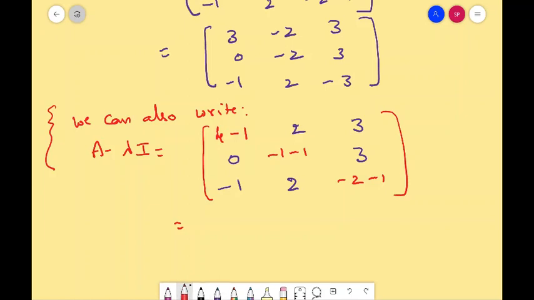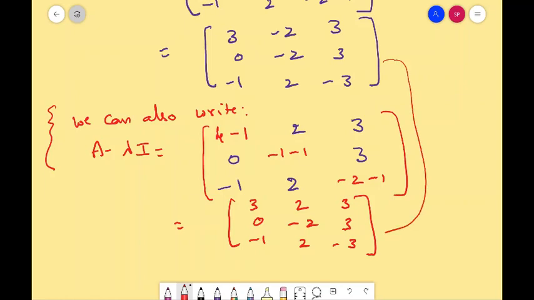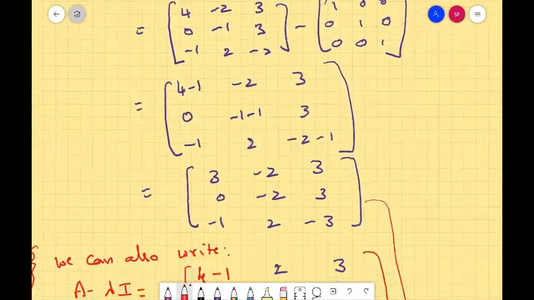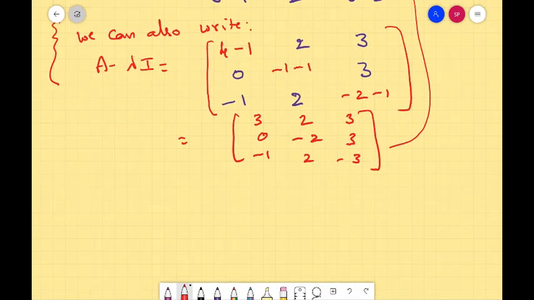This is nothing but 3, 2, 3, 0, minus 2, 3, minus 1, 2, minus 3. Directly you can write it, or you can take some steps to write it like this.